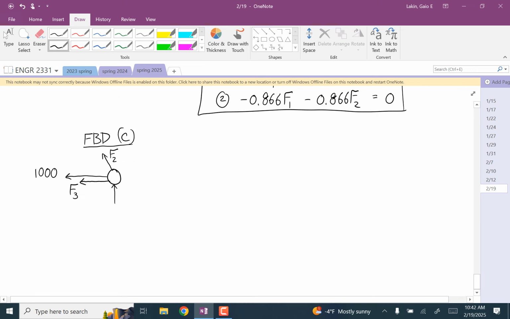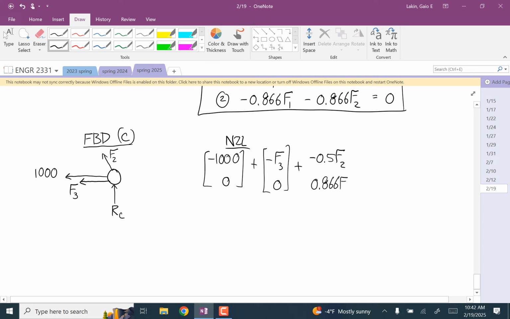So I'll call this RC. And so Newton's second law here says negative 1,000, 0, plus negative F3, 0, plus negative 0.5 F2, positive 0.866 F2, plus 0 RC is equal to zeros.